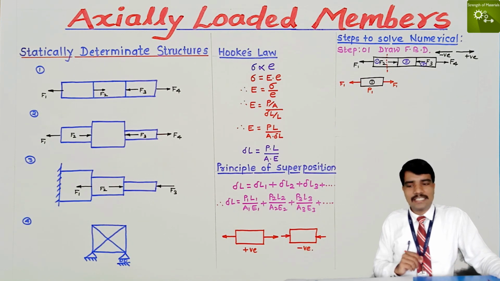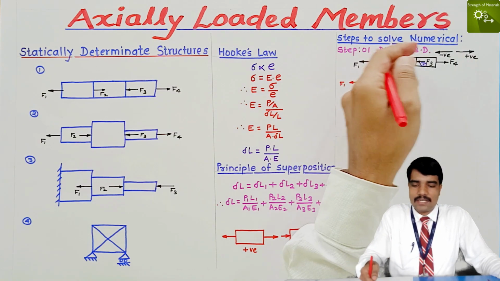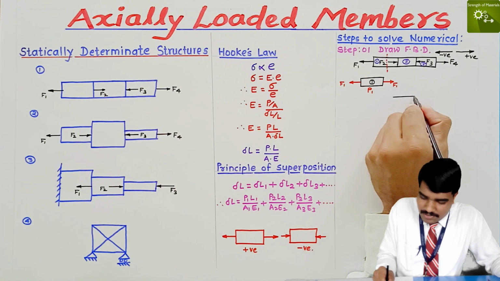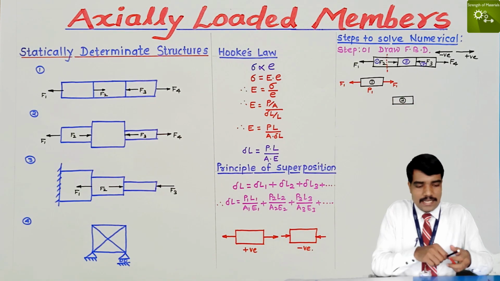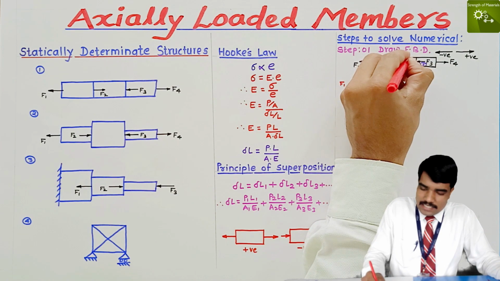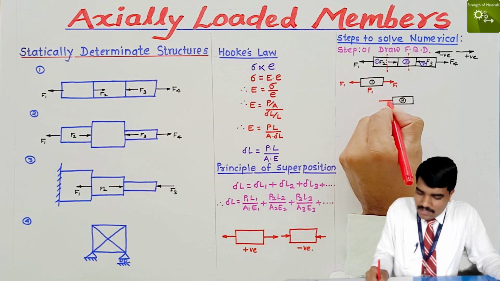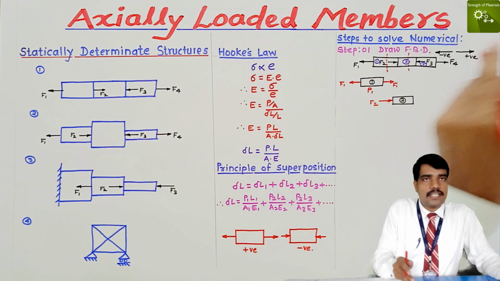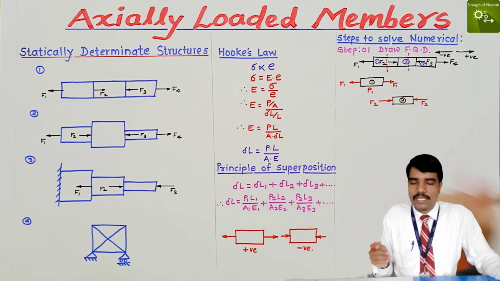The same equilibrium conditions we apply for the second and third members and find the internal forces in those members. Again we consider a section in the second member. See the left side forces; we draw the left side forces, suppose this is F2. See the right side forces, and that is again equal and opposite to the left side force.